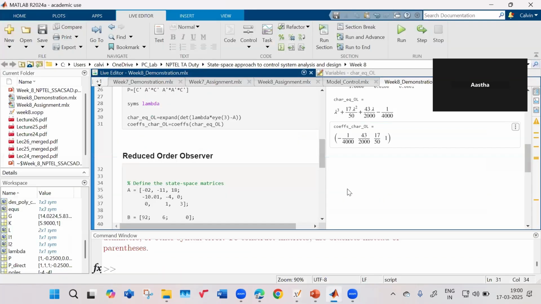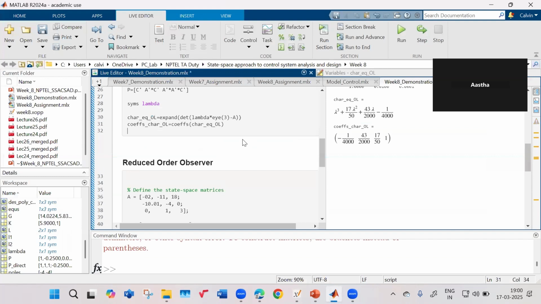So if you observe, my a3 is minus 1 by 4000. This is my a2, this is my a1. So what is my a1? Out of this vector, a1 is my third one.